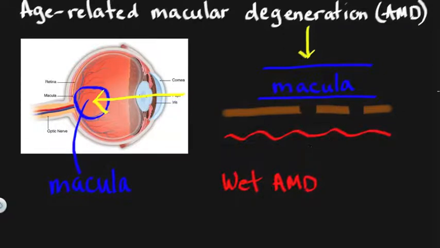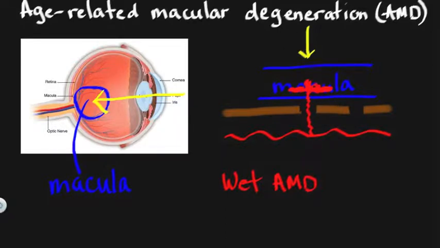Now what this allows is these blood vessels that belong down here to sprout up just like weeds growing in your grass and start to bleed. So then you have, I'll draw in red here, some bleeding here and some bleeding here. All of a sudden you've got a hole in this barrier which allows blood vessels to grow up into the retina, into the macula, and bleed.